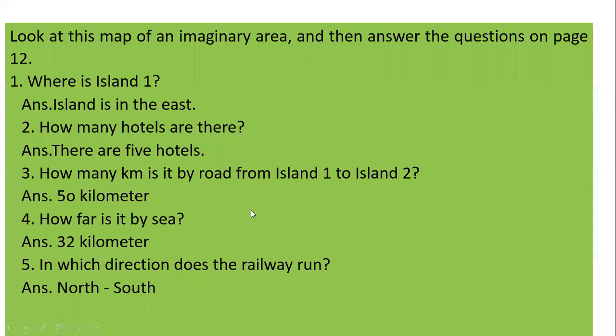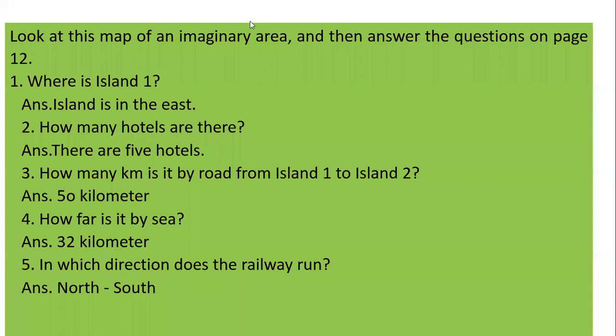Question number 2 is, how many hotels are there? I have shown you the hotels, and the answer is there are 5 hotels. You can count in the given map. Number 3, how many kilometers? Km stands for kilometer.